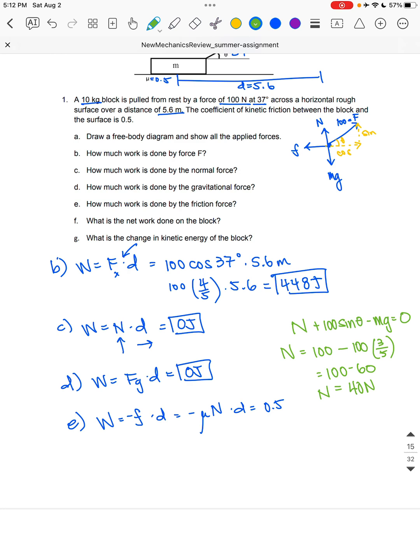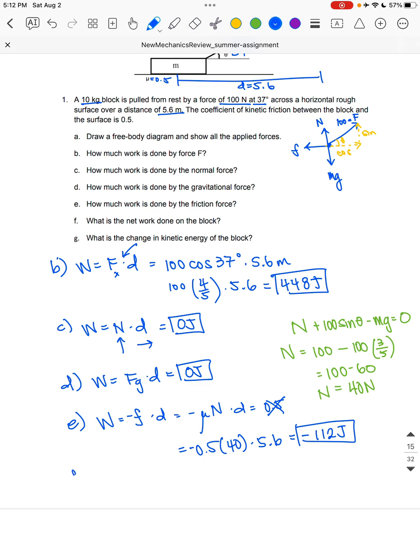And then I'm going to plug that in here. So let's work our way down. 0.5 times 40 times the distance, and the answer you get for that is, again, I forgot to put the negative because friction's pointing to the left. I get a negative work of 112 joules.